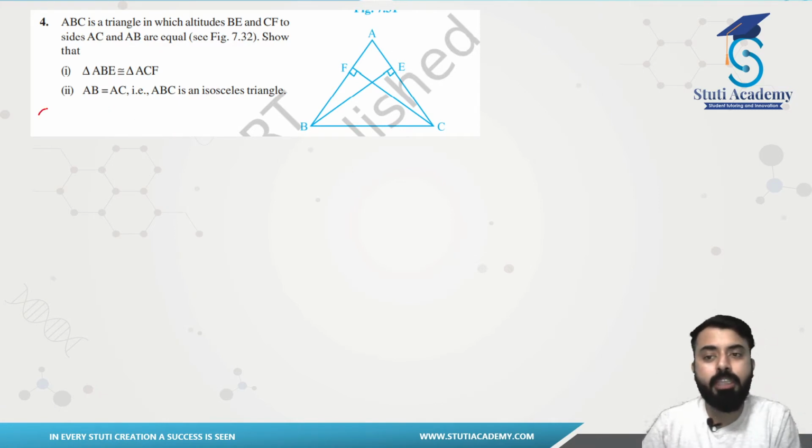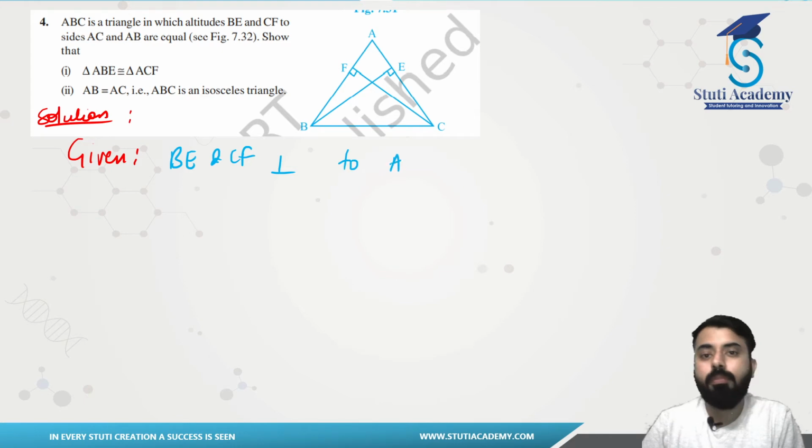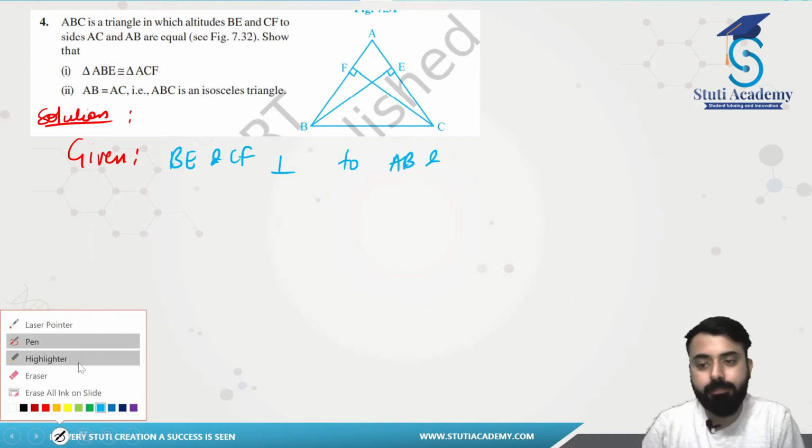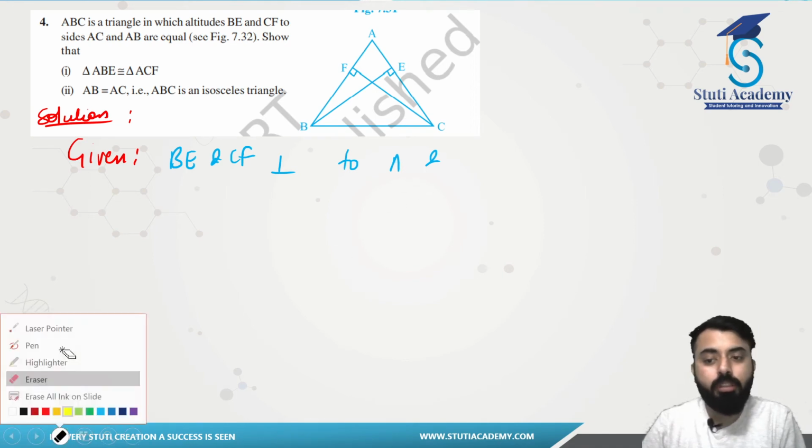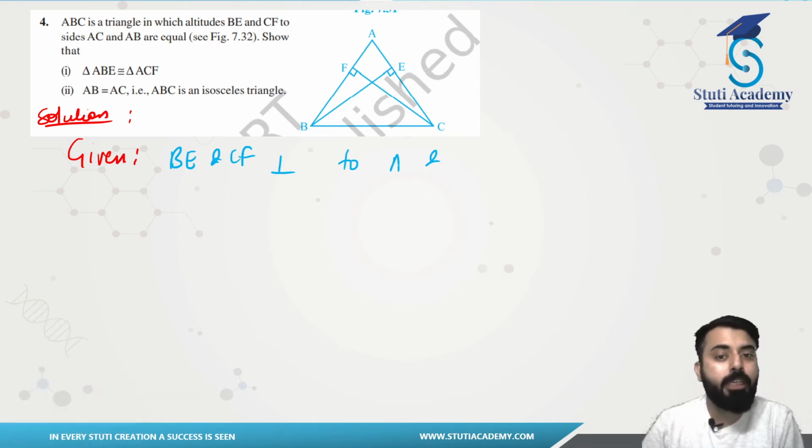We are going to write the solution now. So what should be the solution? For the solution, firstly we have to write given. So what is given to us? We have been given that BE and CF are perpendicular to AC and AB. Let's write them accordingly so that you don't get confused. BE is perpendicular to AC and CF is perpendicular to AB respectively.